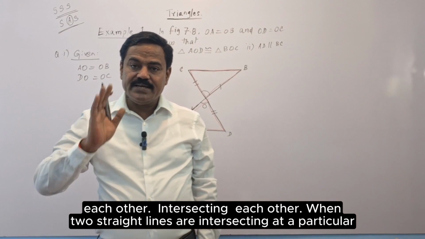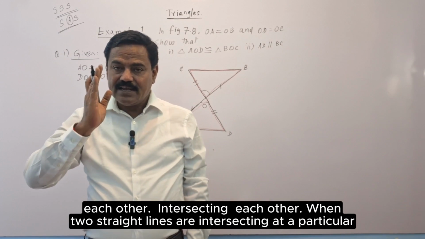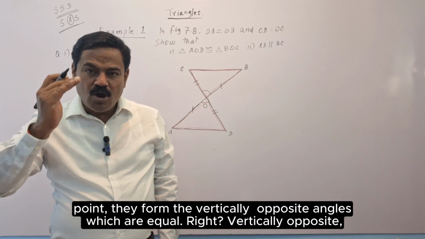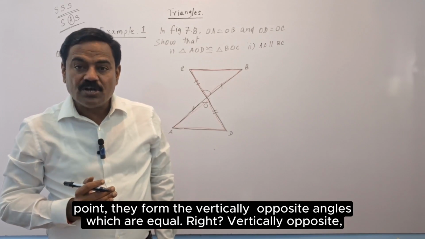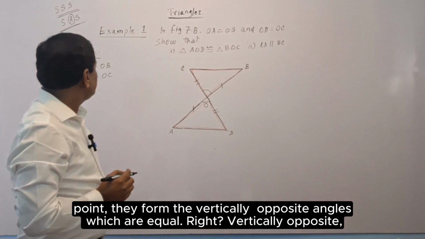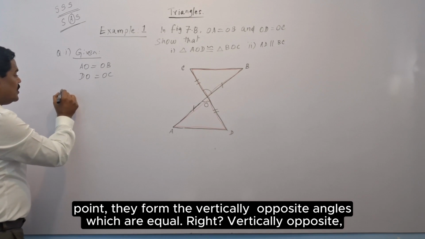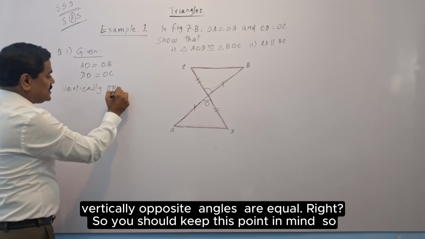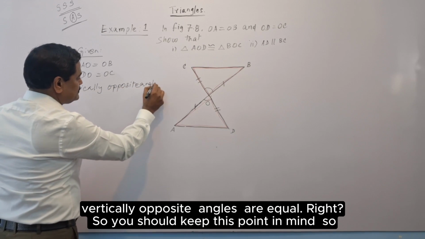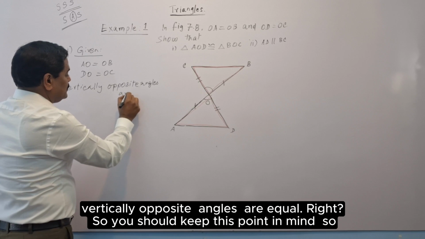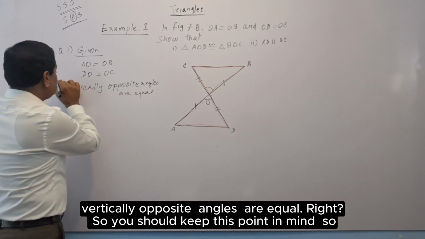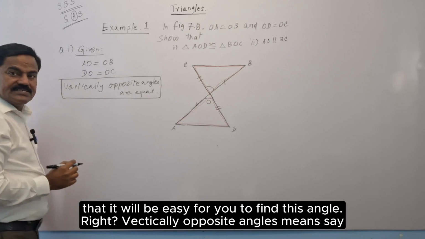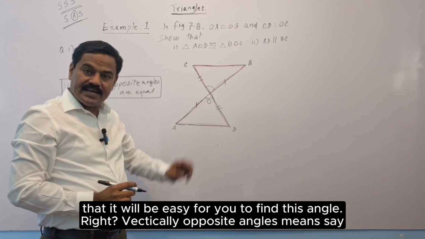When two straight lines intersect at a particular point, they form vertically opposite angles, which are equal. You should keep this in mind so that it will be easy to find this angle.